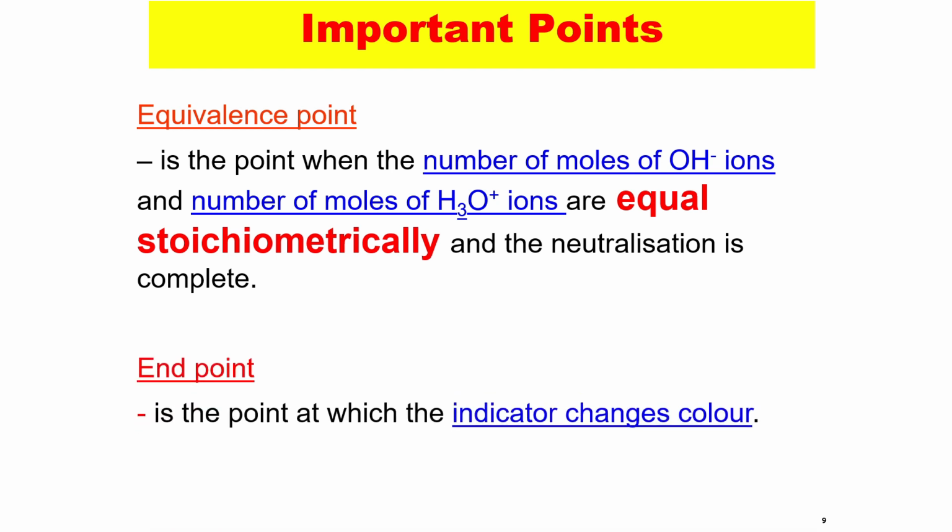And for the endpoint, the endpoint is the point at which the indicator changes color. In an experiment we cannot see the equivalent point, but we see the endpoint because we add an indicator. Actually the endpoint and the equivalent point are the same; the endpoint is determined by experiment, and the equivalent point is found by calculation.